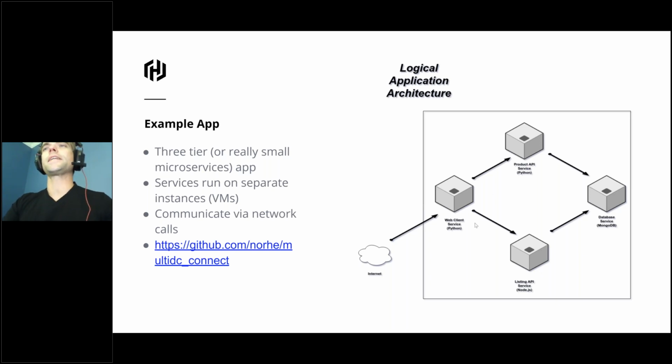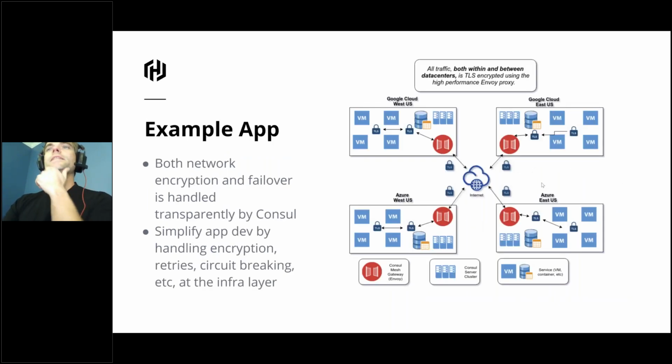And then the broader application architecture is, I have 2 data centers in Google, 2 data centers in Azure, and the Consul servers themselves are all linked across just the open internet. All of the app-to-app traffic is secured by TLS. All of your service traffic would be secured by TLS, although in this case, if you look closely, you'll see I didn't actually enable it just because I deployed this quickly.